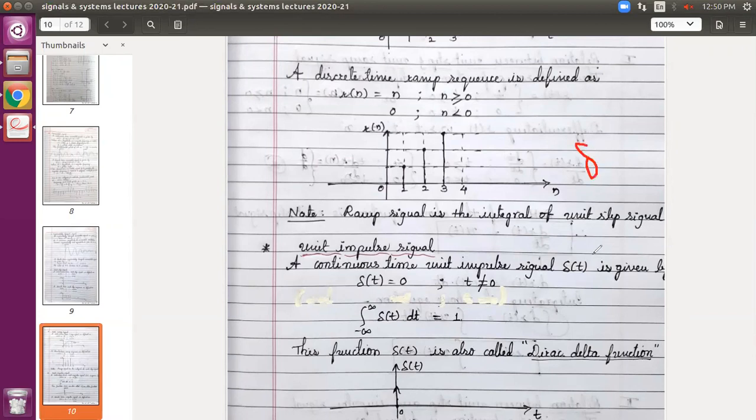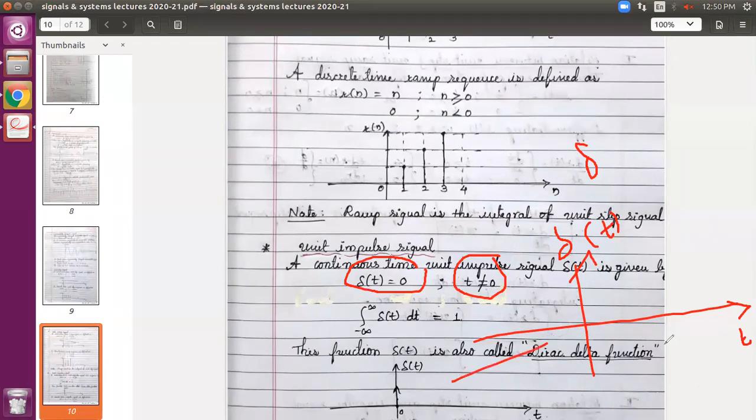The value is 0 for t not equal to 0, meaning if this is your time and this is your delta, then t not equal to 0 means any value, negative or positive, on both sides, the value should be 0. Means here we don't have any amplitudes. And overall, if you integrate delta of t from minus to plus infinity, this is nothing but 1.